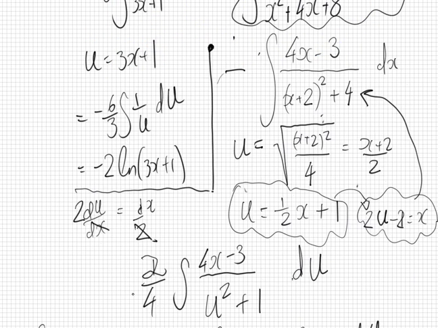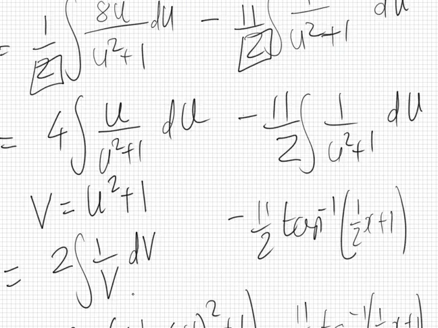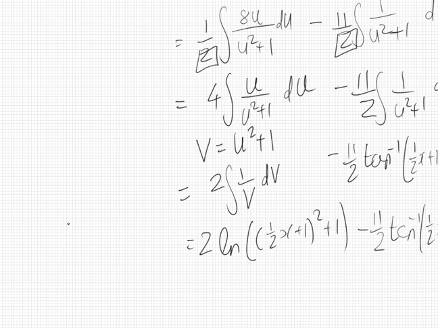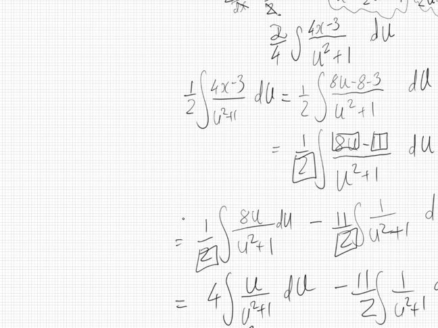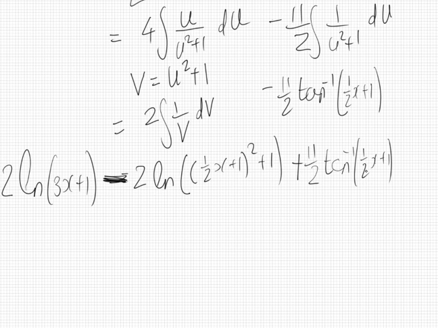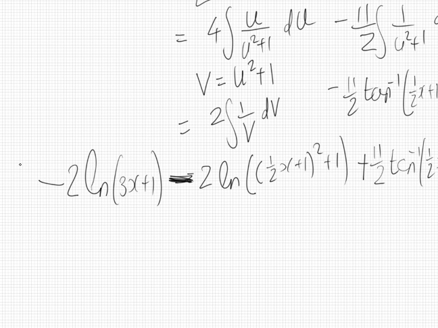Minus 2 log 3x plus 1. So down here at the end, minus 2 log 3x plus 1. Was it a plus or a minus originally? It was a minus actually. So minus and minus, so plus there. There's an equal here, equal to this.